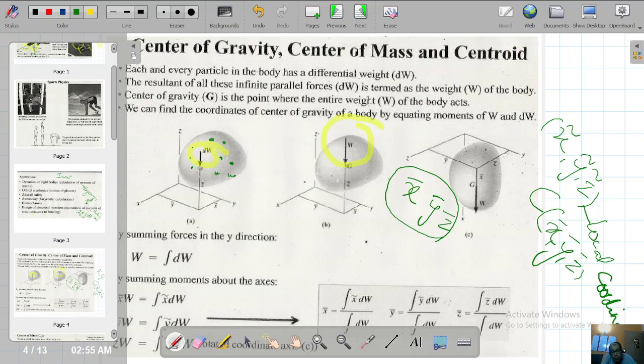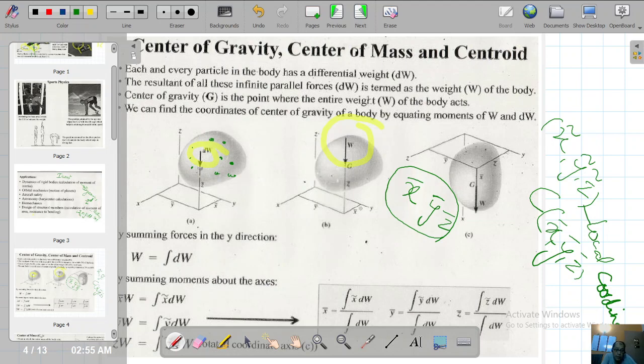And this overall weight W is acting along the z bar axis, and it has some finite perpendicular distances along the respective three-dimensional axes, x, y, and z, which is x bar, for its moments to be calculated.